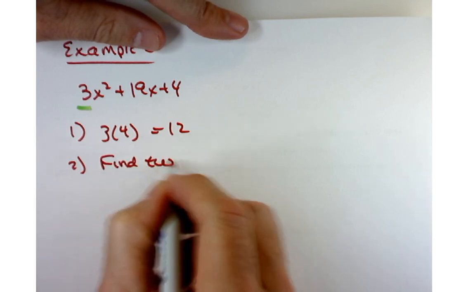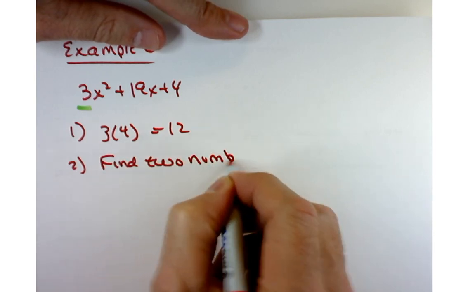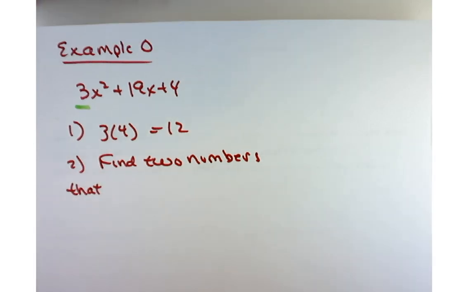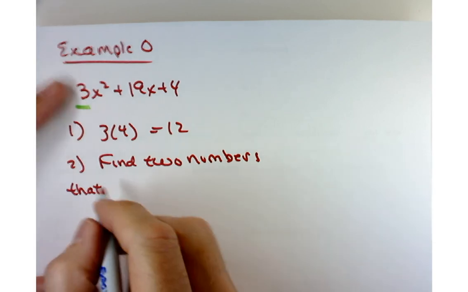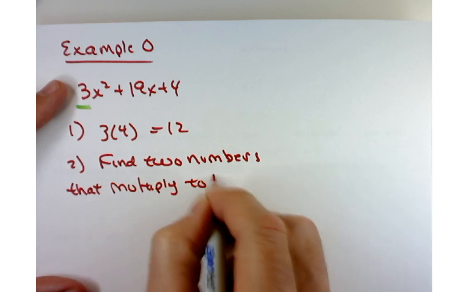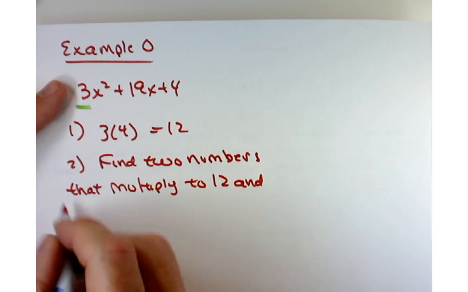Find two numbers that. Does anyone want to finish off with that? Maybe if you're watching this later, pause the video. Find two numbers that what? Multiply to 12, add up to 19. Perfect. Thanks, Arsenio.